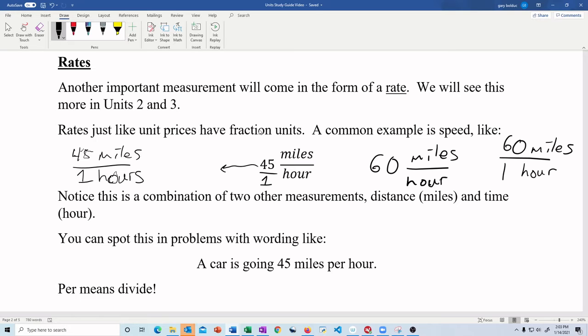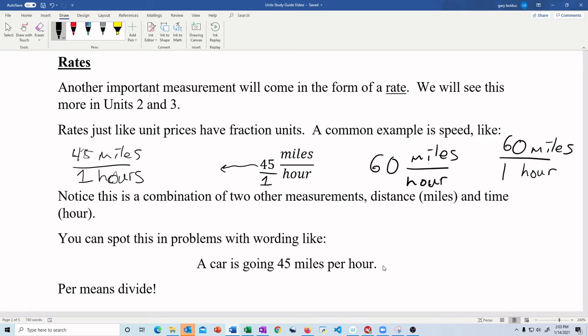Right? So down here I have a sentence, which is going to happen a lot. We're going to have sentences we need to deconstruct. Okay, I got this sentence. So what does that tell me? In this sentence, which we'll see very similarly all the time, a car is going 45 miles per hour. How do I know how to write that in terms of my units?